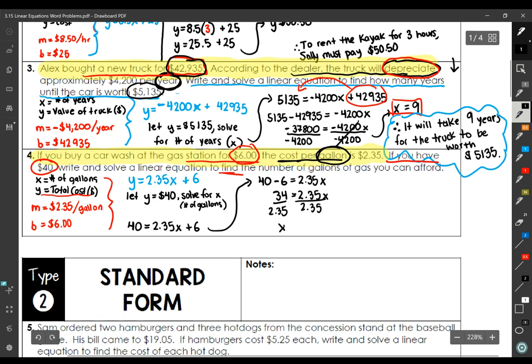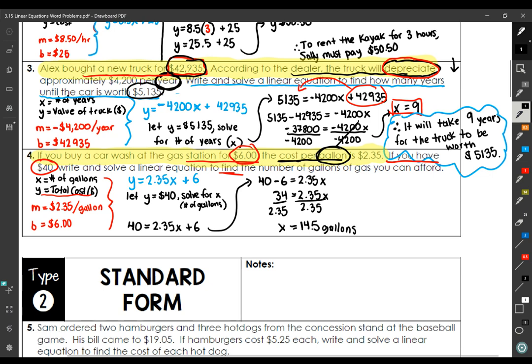Gives us an X equal to approximately 14.5 gallons. Okay, I rounded.